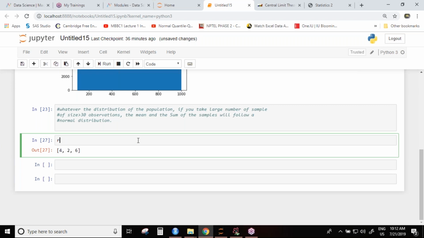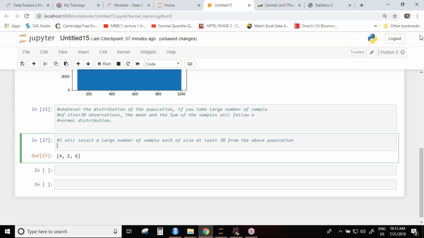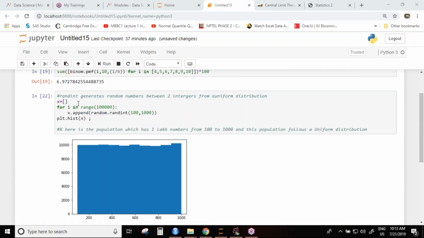Now let me write down what I will do. I will select a large number of samples, each of size at least 30, from the above population, which is nothing but x.